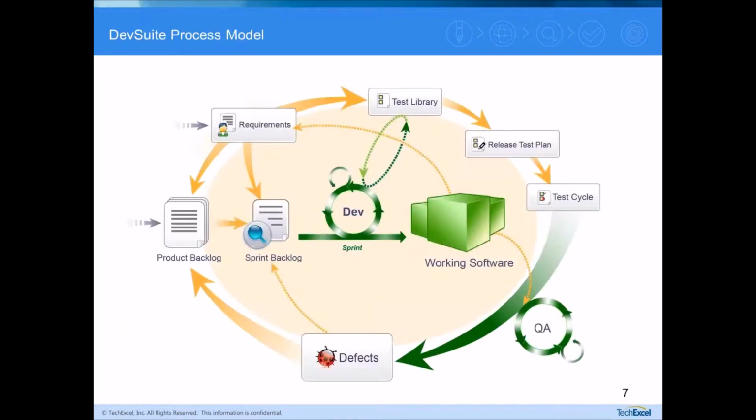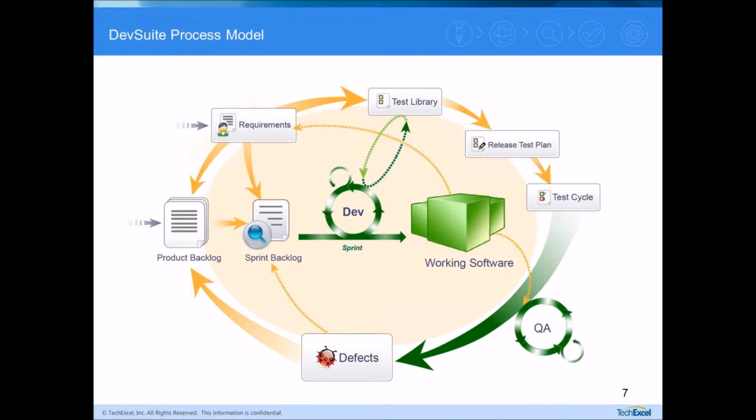Okay, a little bit about the DevSuite process model. Any application would always first start with the requirements definition and requirements creation, and then the requirements would drive the testing as well as the development.